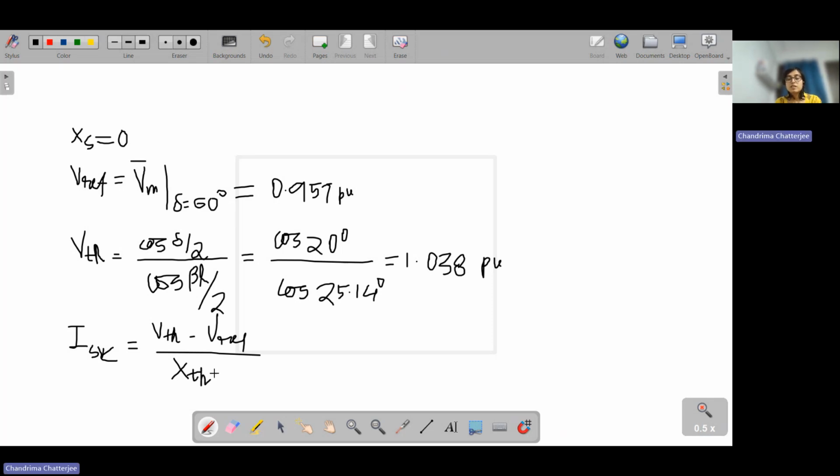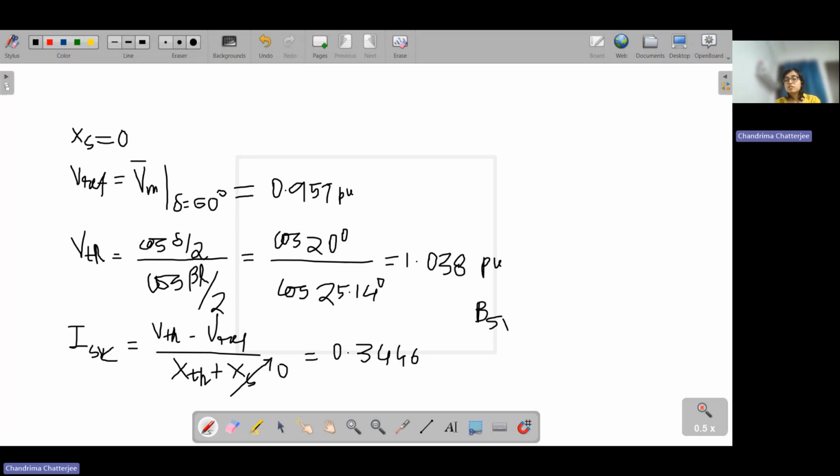XTH will remain same and XS is 0 here. So ISVC is equal to 0.3446. Then what is VSVC?